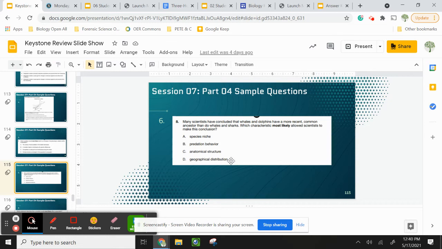So when you're thinking about an organism's evolutionary timeline and the branching off of it all, they're saying here that whales and dolphins are a little bit more closely related than whales and sharks. What causes that conclusion? What makes scientists believe this by exploring the whales and dolphins and sharks? Think about this for a moment in the Edpuzzle.